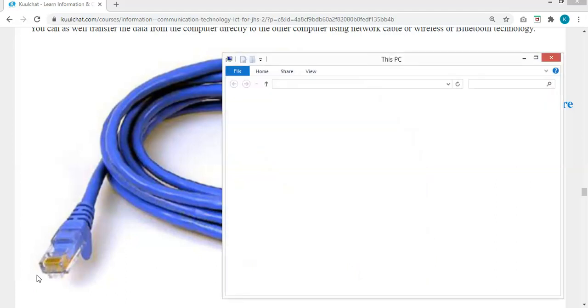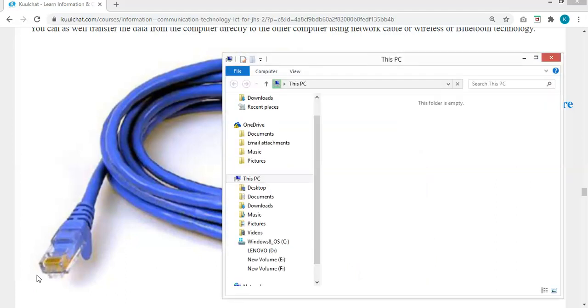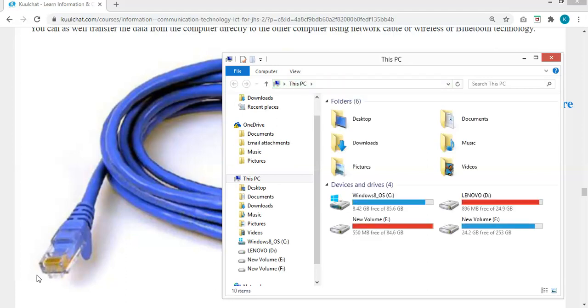All the storage devices, whether the SD card, the DVD, or the CDs, once you connect them, you see them under devices connected. So these are my drives. I have my C drive, D drive, E drive, and F drive. At the moment, I haven't inserted any external drive or storage device.